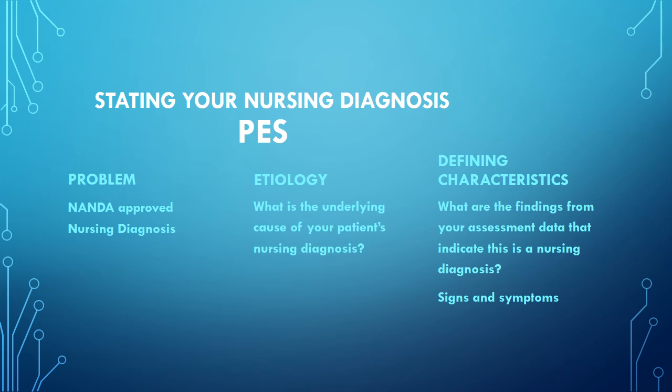Be very clear that your patient does not have to exhibit all of those characteristics. However, you should anticipate that there will be multiple defining characteristics. Occasionally we have just one, but that's not typical.